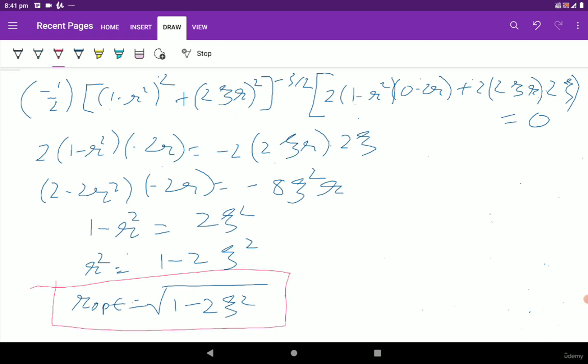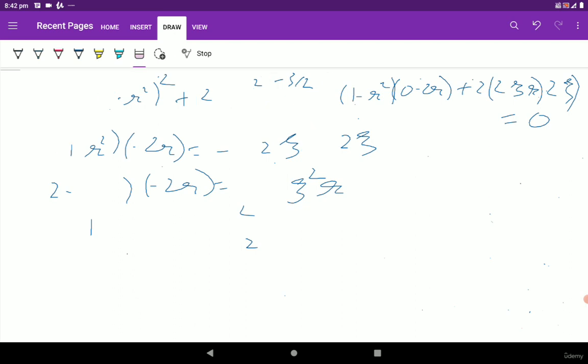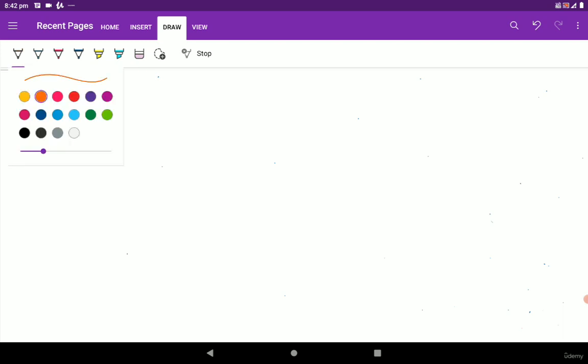So let's find out more. Suppose, let's draw a table.